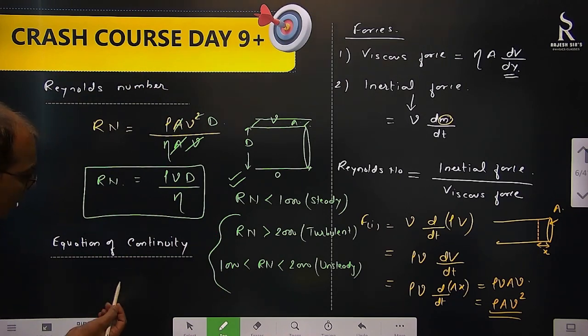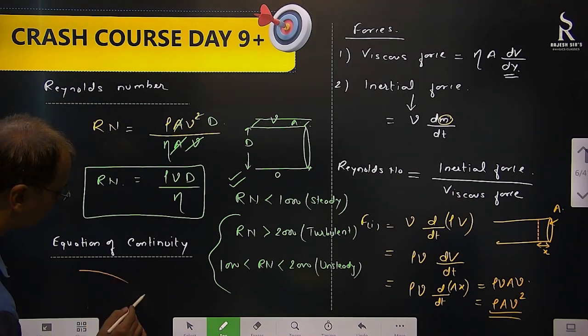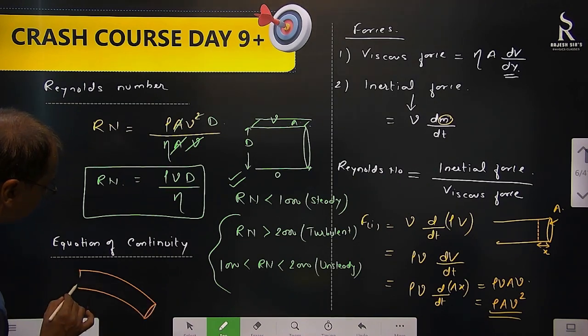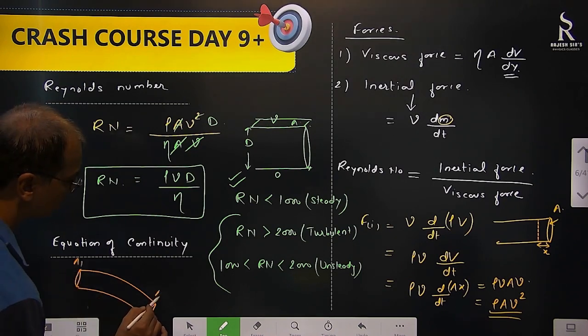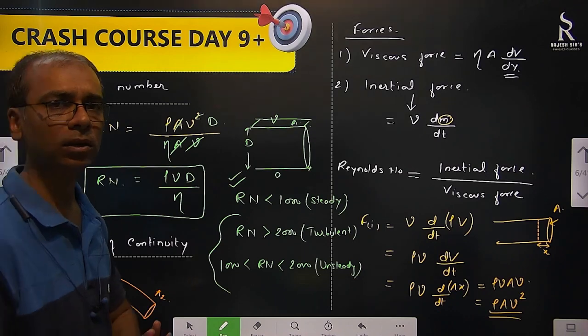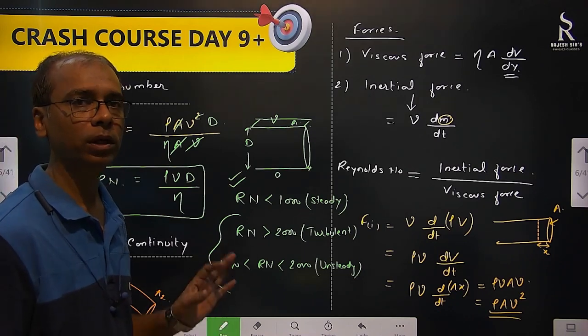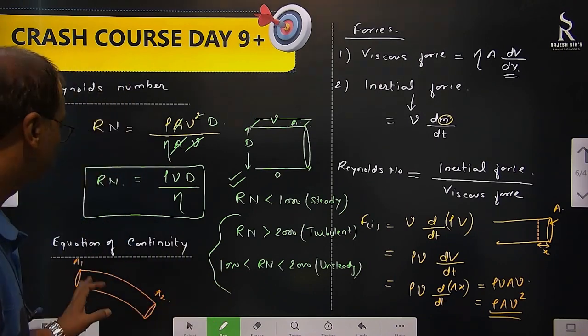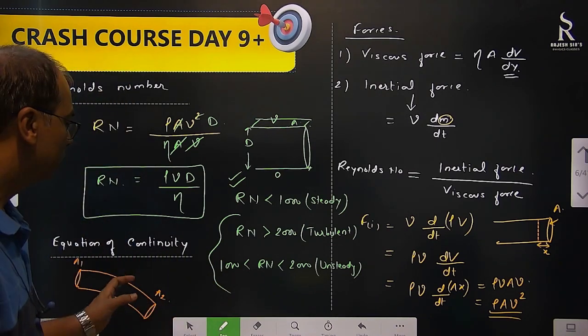Like this I am making. Suppose its area here is A1 and its area here is A2. Now, this pipe is such that it is neither holding the water or liquid nor is there any leakage.